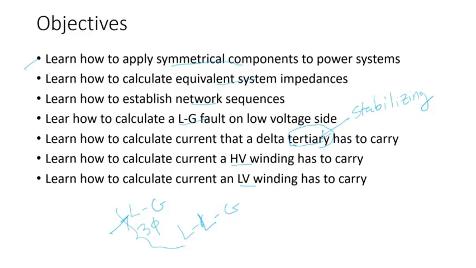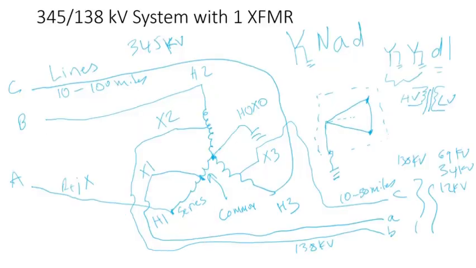I went through the objectives of the video. Then I drew the three-phase system. Then we realized it's kind of hard to deal with the three-phase. Since we're dealing with steady state, it's better if we just do a one-line diagram.